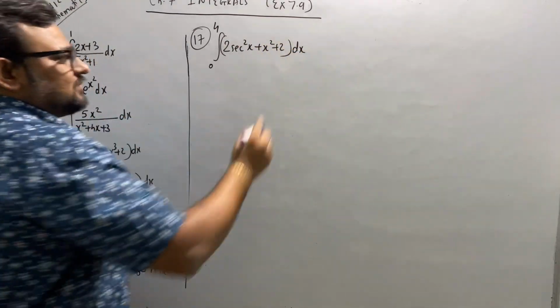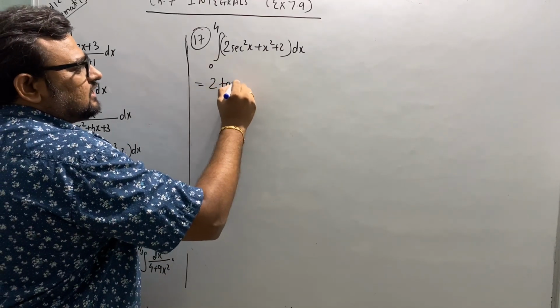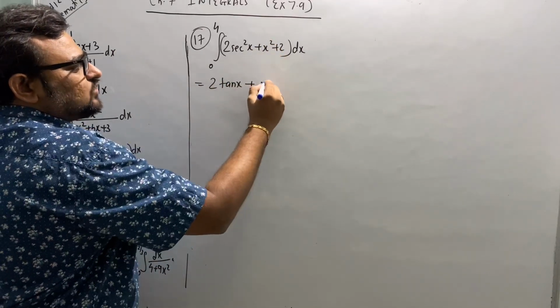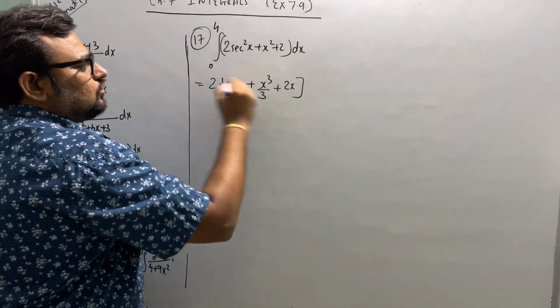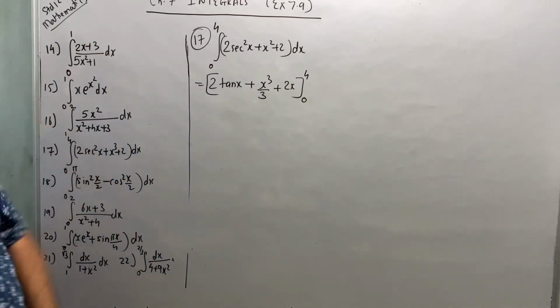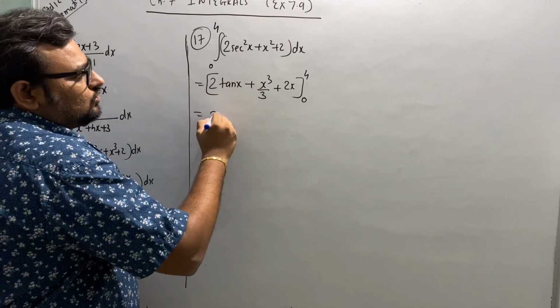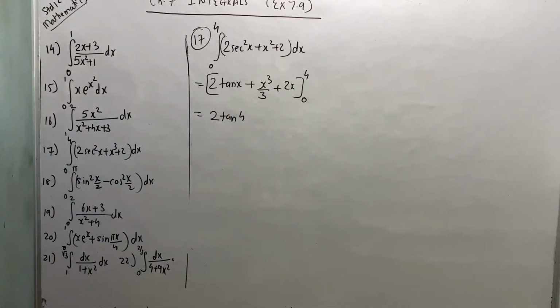Okay, this is very simple. Integration of x square x, integration of x square, x cube by 3. Integration of 2, 2x, 0 to 4. Clear? So just put the value.